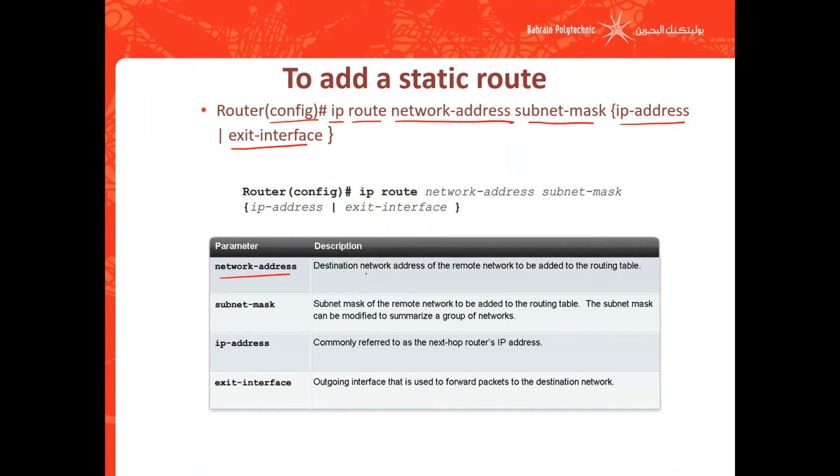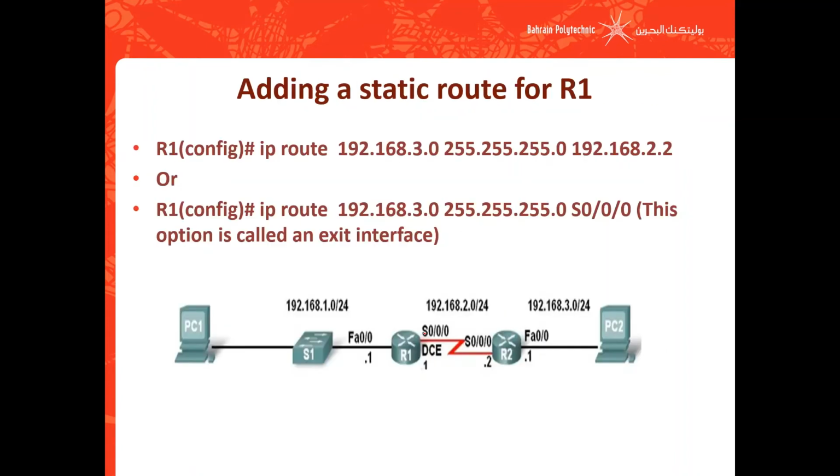Network address is basically the network address of the network that you're trying to connect to. Subnet mask is again the subnet mask that belongs to that network. IP address is the next hop router's IP address. We will talk about this in a minute. And then exit interface is the outgoing interface that is used to forward packets to the destination network. Again, I will show this to you in a minute.